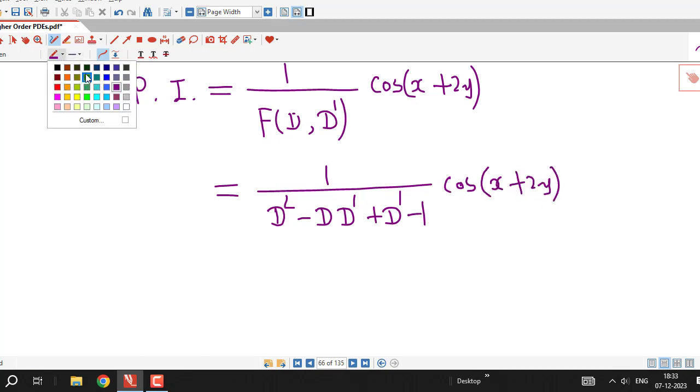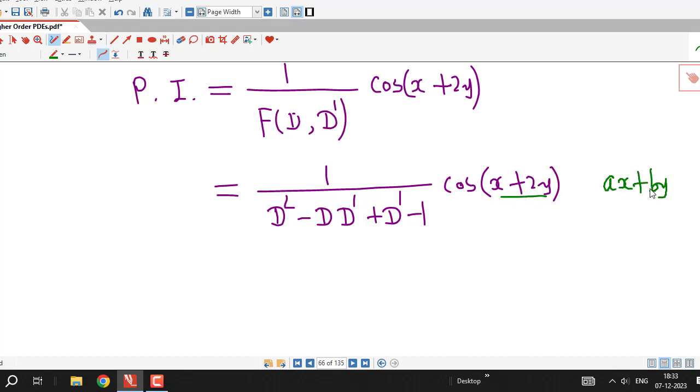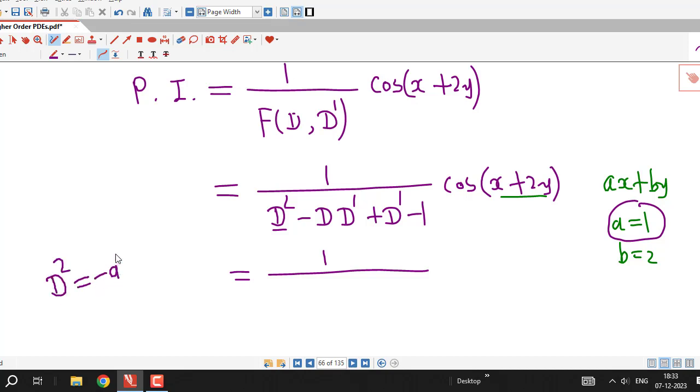Now if we compare this cosine of x plus 2y, or if we compare this part with ax plus by, we find that a is 1 and b is 2. And we have to replace D square by negative of a square. A square is 1 and negative of a square is minus 1. So D square is replaced by minus 1.